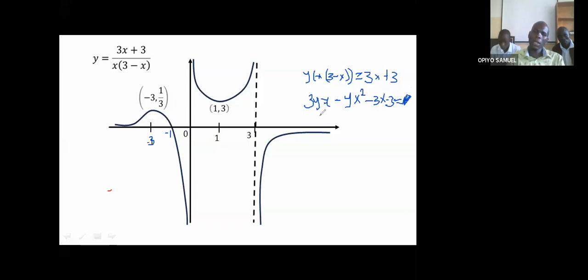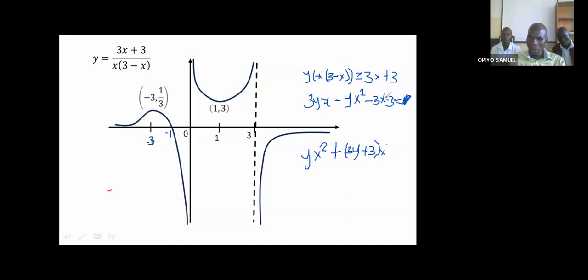Now we rearrange this and form a quadratic in x. So if we rearrange this and form a quadratic in x, we shall have yx squared. Remember, this was negative, it has become positive. Then this and that we shall have positive also, plus this will be 3y plus 3 times x.